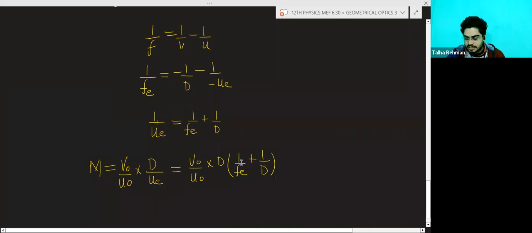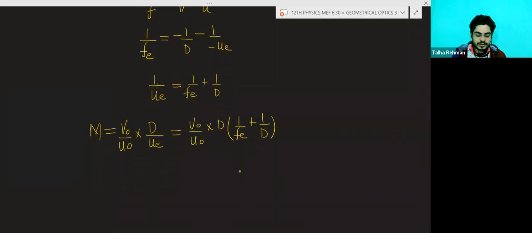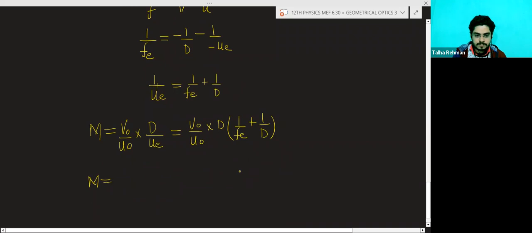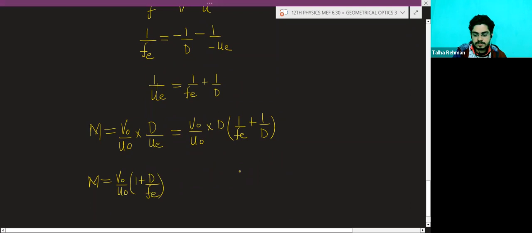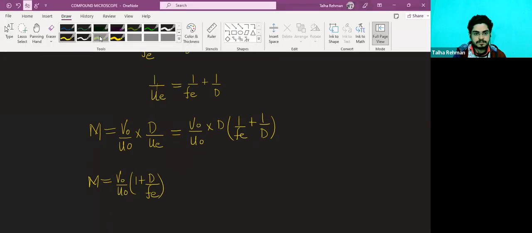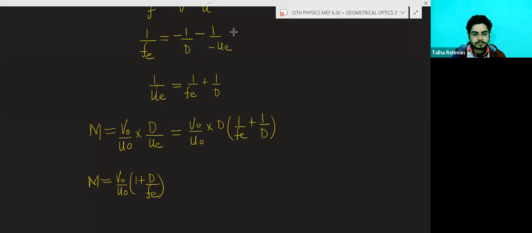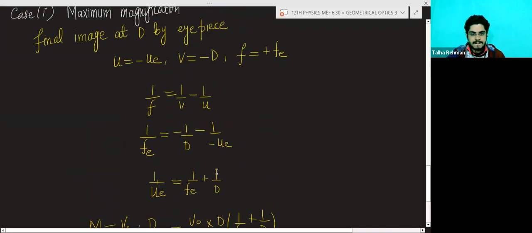So it will become 1 plus D by FE. So the magnification will become v naught by u naught times 1 plus D by FE. So this magnification you will have.